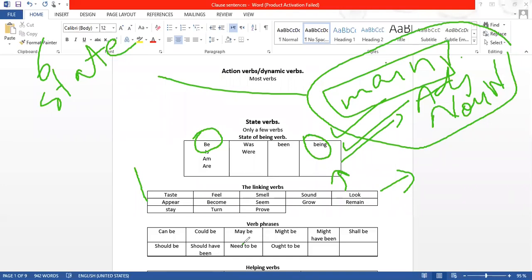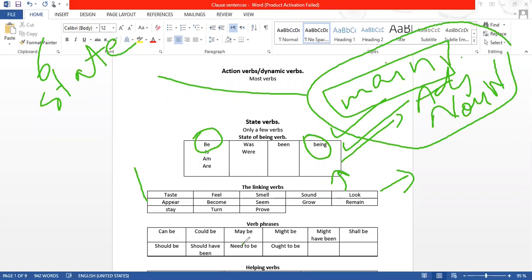Most verbs are dynamic or action verbs, but state verbs are very few. If you count them, you have not more than 30 verbs. They are very limited, maybe 30 or 40. But dynamic verbs are so many.